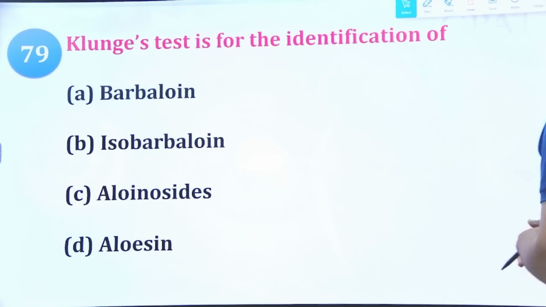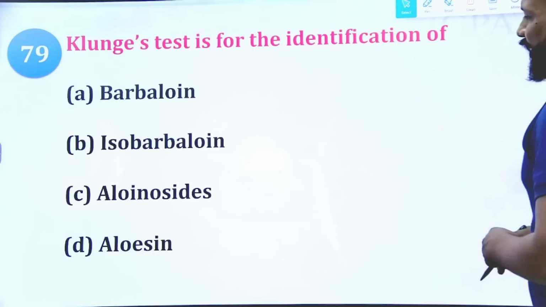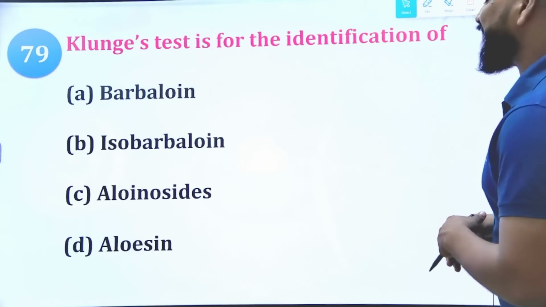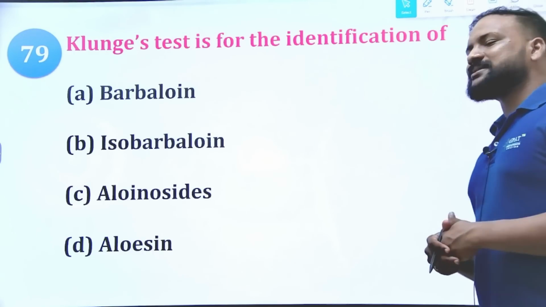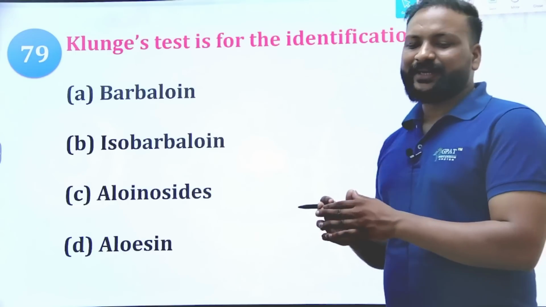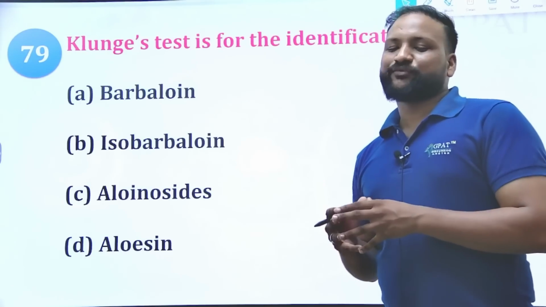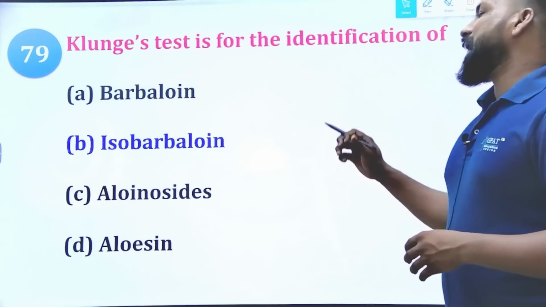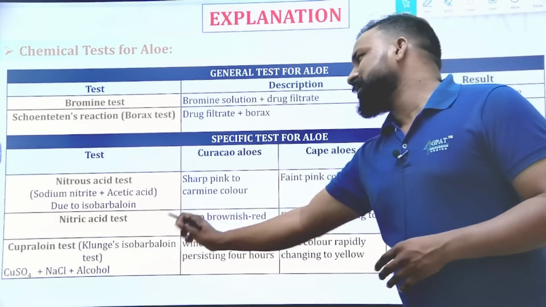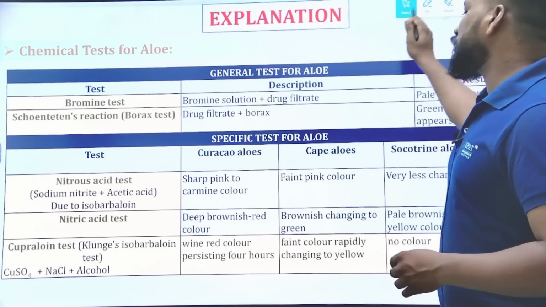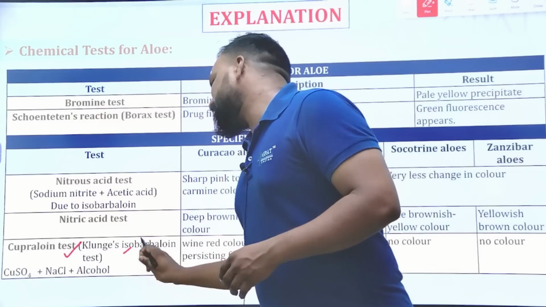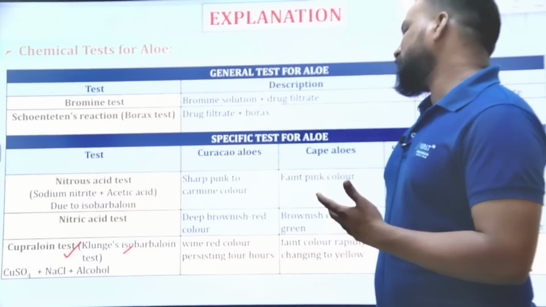The Klunge's test is for the identification of: barbaloin, isobarbaloin, aloinosides, or aloe emodin. The test is especially due to the presence of isobarbaloin. This is also known as the Cupraloin or Klunge's isobarbaloin test.